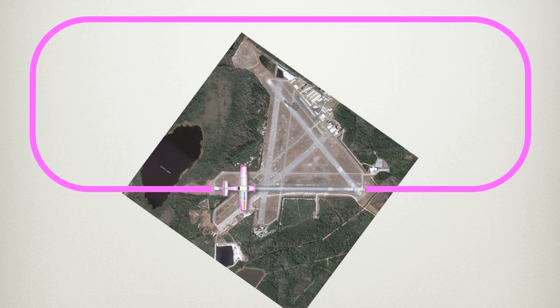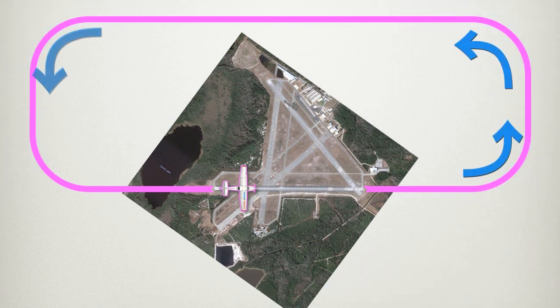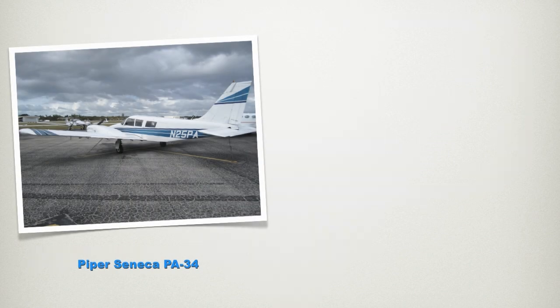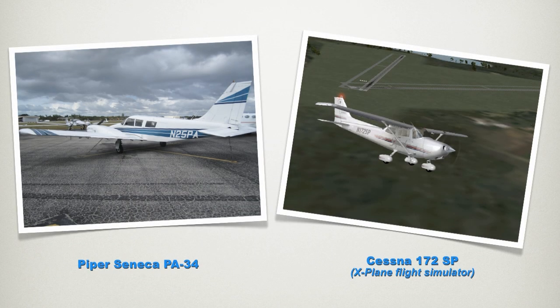This information can be found on the airport chart. At Flagler, today's airport, all turns are to the left at an altitude of 1,000 feet, making it a standard traffic pattern. We'll be using a Seneca PA-34 as a complex machine and a Cessna 172.